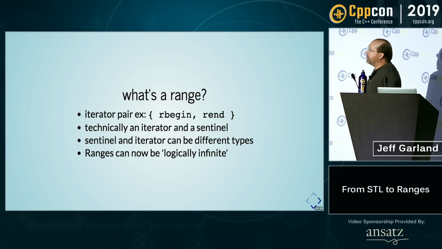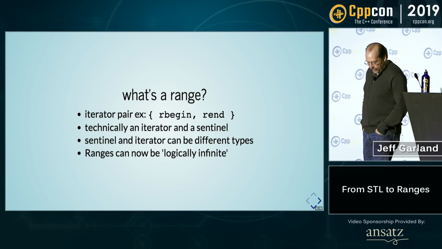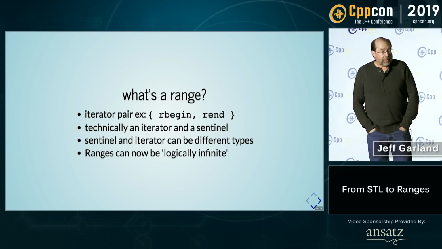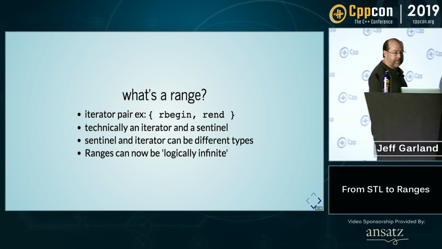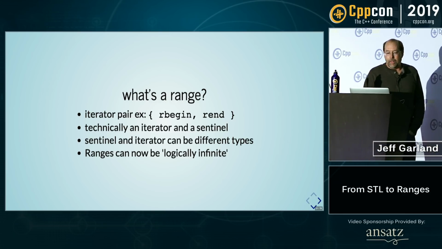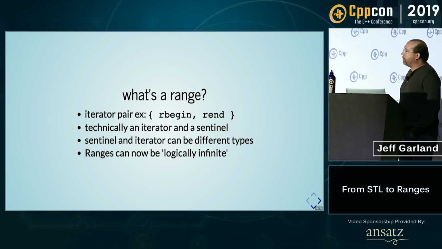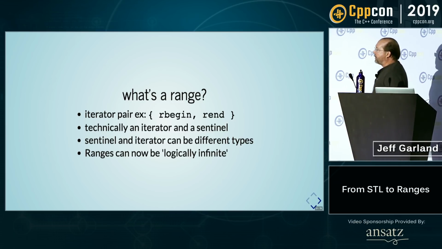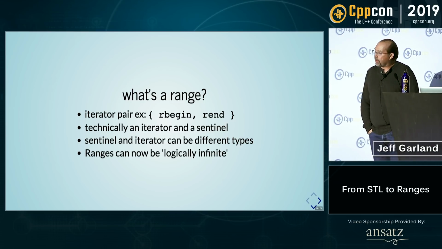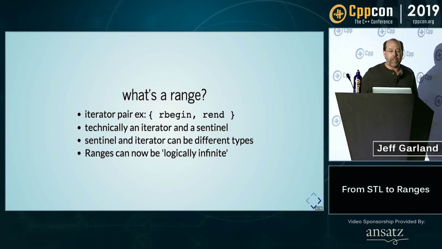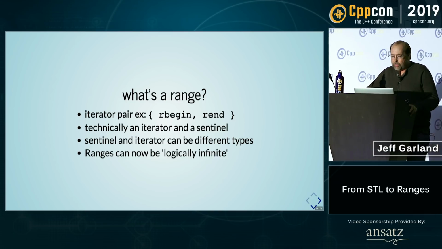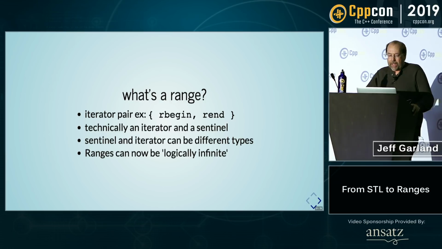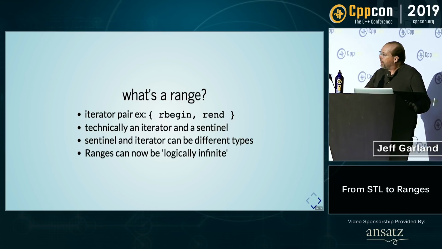All right. So really, Jeff, what's a range? You haven't really told me what a range is yet. So an iterator pair is the most simple version. That's really the idea of a common range where the iterators are the same. But one of the things that's new in these algorithms and in the views is that the iterator type and the sentinel do not have to be the same.